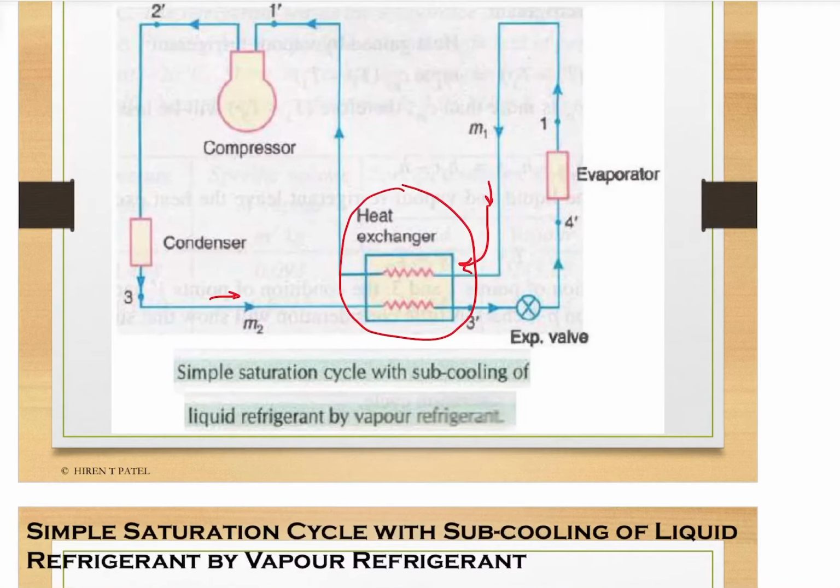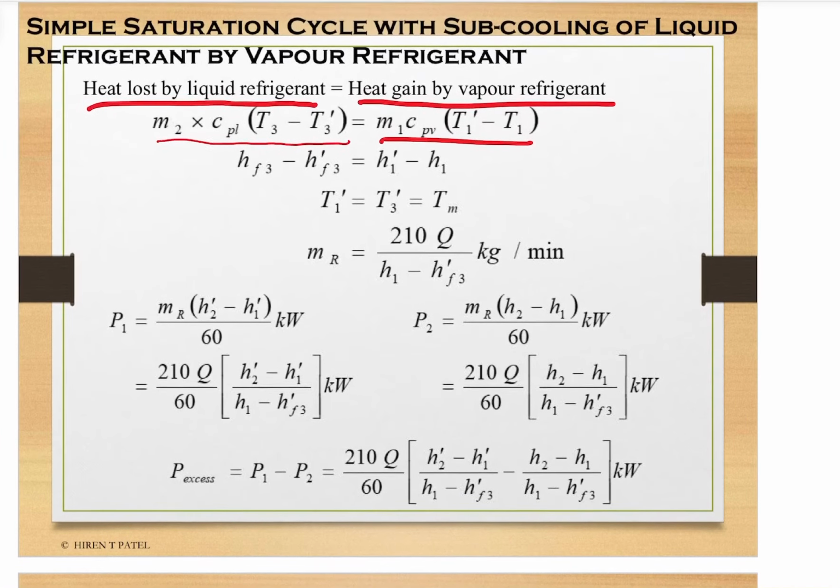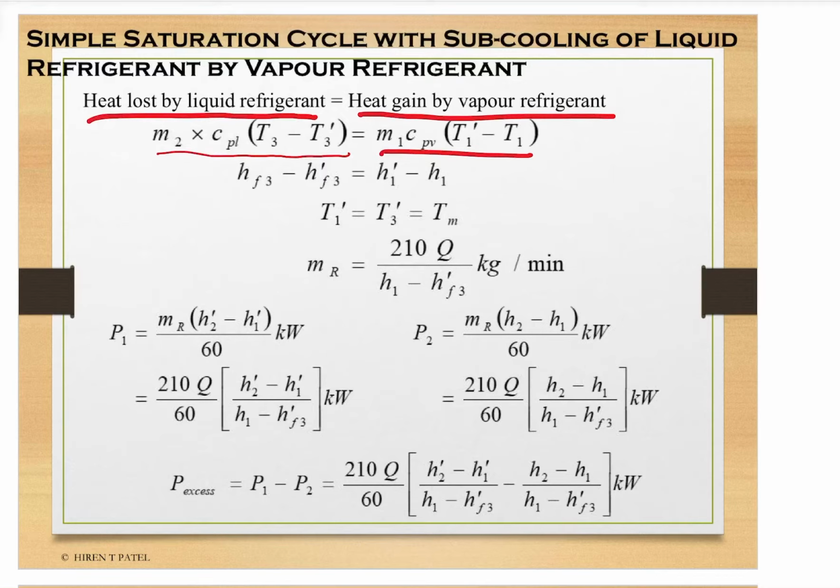So here M2 and M1 are taken as different, but actually the mass is the same. But in this notation, M1 is the mass of liquid refrigerant and M2 is the mass of vapor refrigerant. So HF3 minus HF3 dash is equal to H1 dash minus H1. So ultimately we are having T1 dash is equal to T3 dash is equal to Tm.